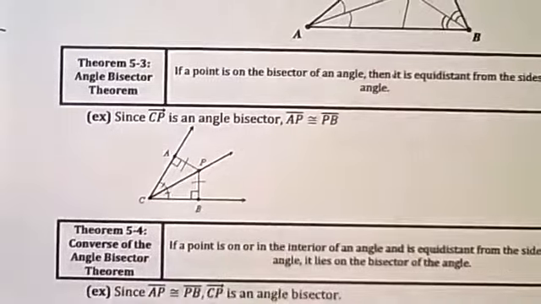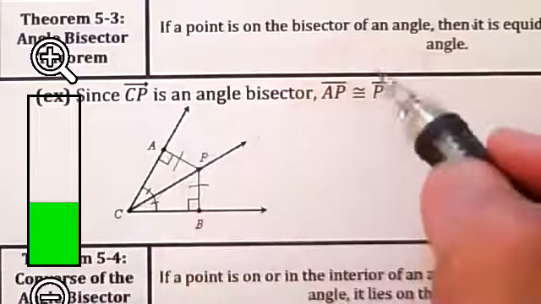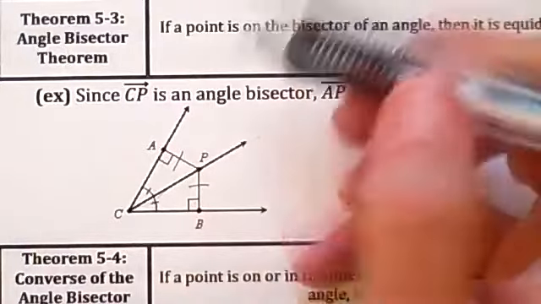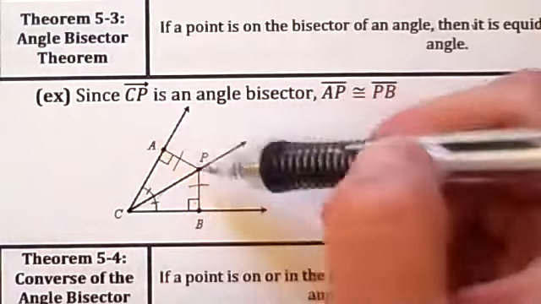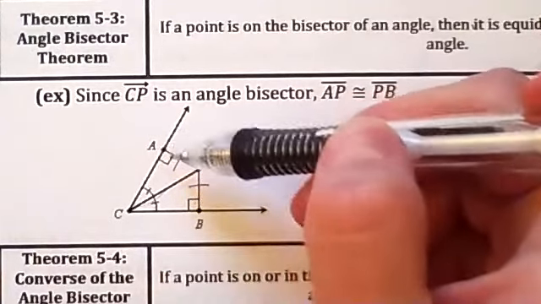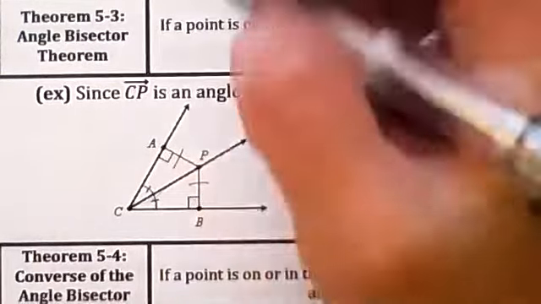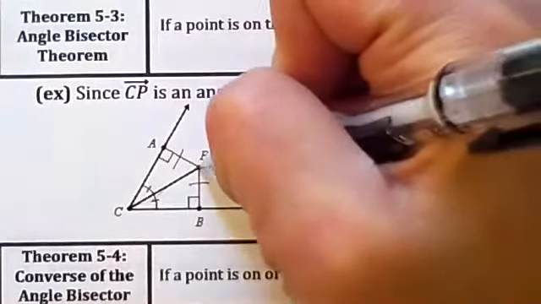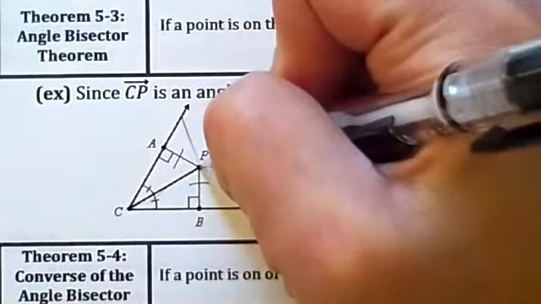Now, one thing I should mention, notice that they marked these right angles. The reason you can do that is the distance between a point and a line, or a point and a ray in this case, is always the shortest distance, which is a perpendicular piece. If I asked what's the distance between P and ray CA, you wouldn't just draw in a random segment and say this represents the distance.